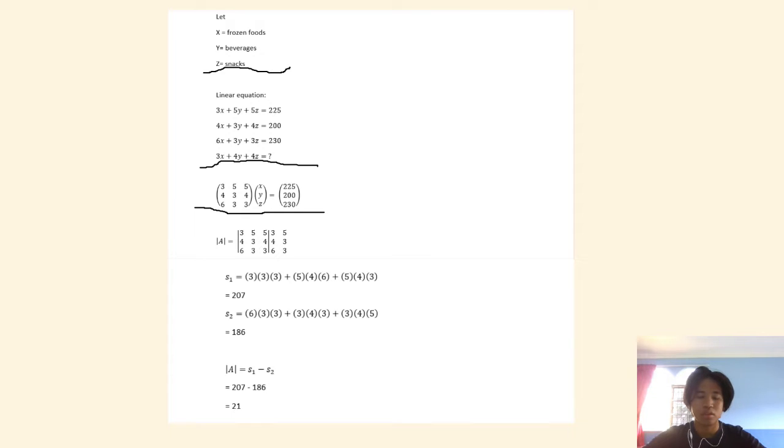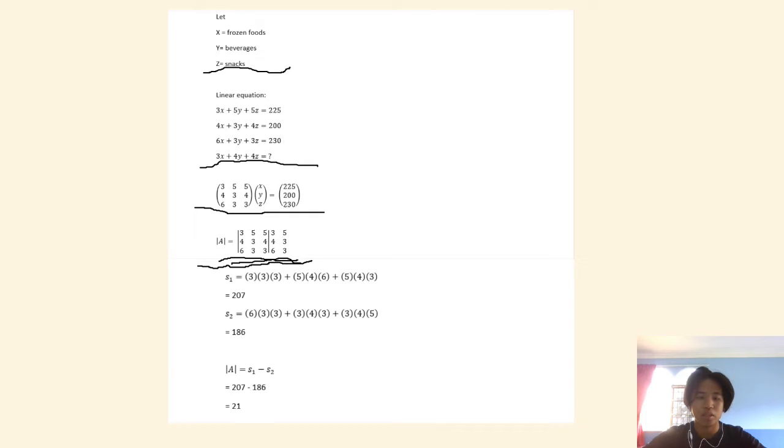So it will become like this when we change it into the form of a matrix, and we use this rule to get the determinant of A. So it will become like this, and from this we need to find the values of S1 and S2.